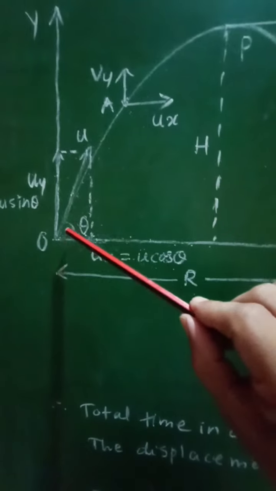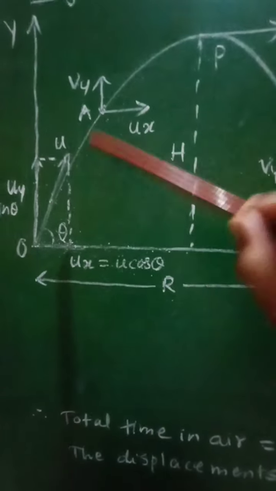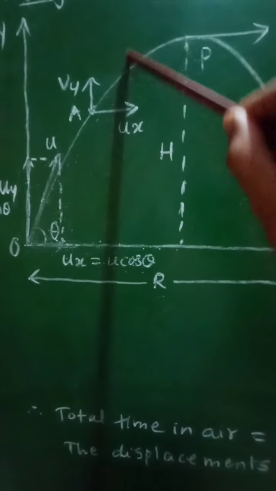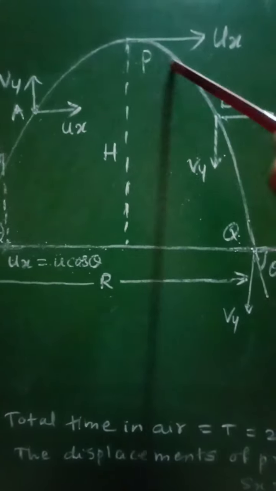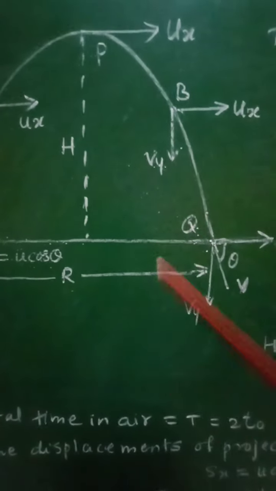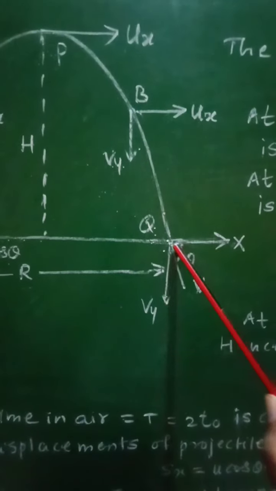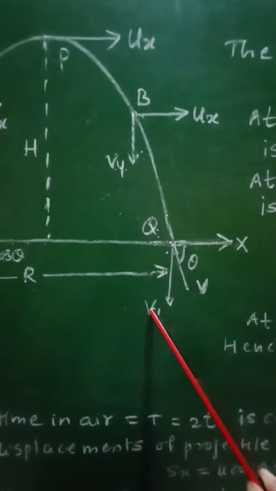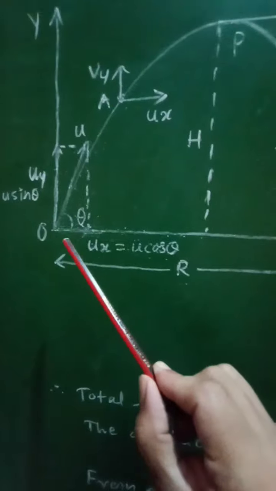Now when the projectile is moving in the upward direction, its vertical component is directed upward, but when it comes down, the vertical component is directed downward, and when it reaches point Q, its component vy will be similar to that of uy.